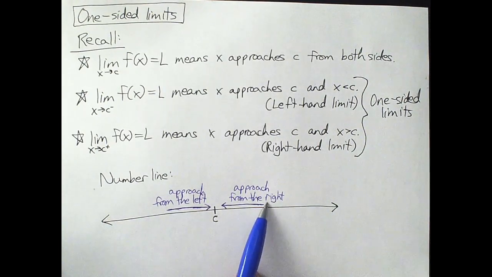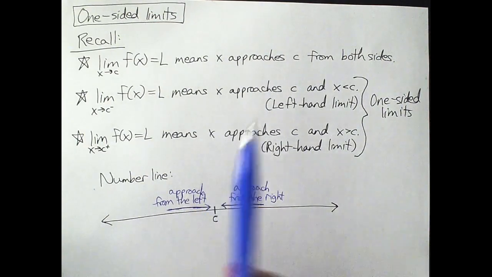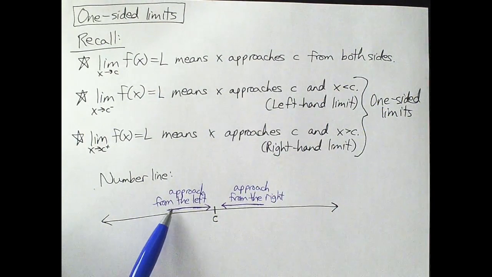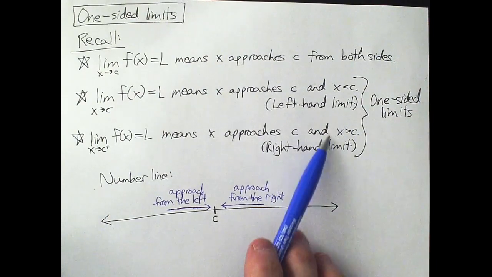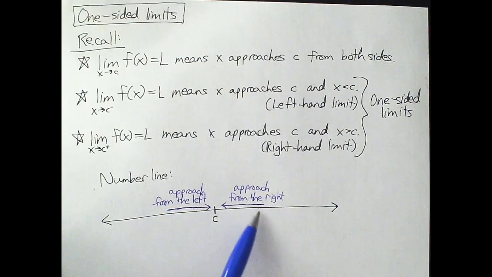On the other hand, if you are approaching from the right, then you are walking to the left. Just keep that in mind. It can sometimes seem a little backwards. The first one is the left-hand limit: we, being x, are on this side, less than c. The other one is the right-hand limit: we're approaching from the right, and x is greater than c.